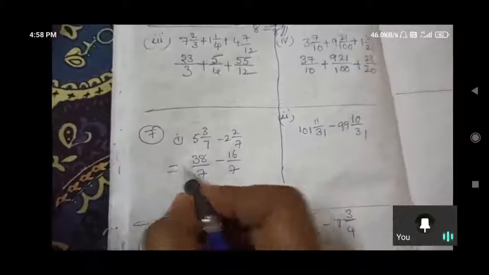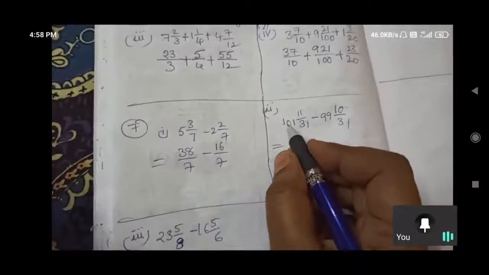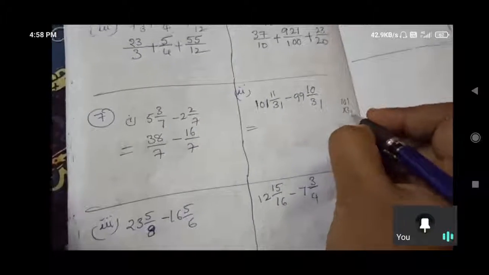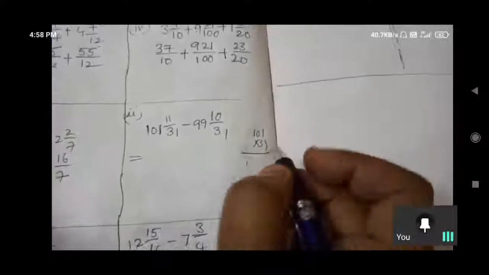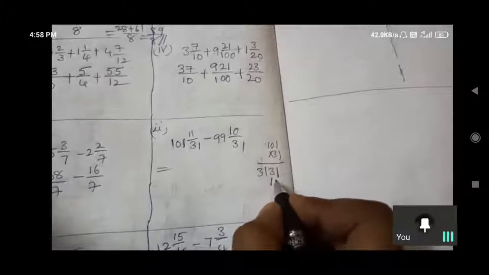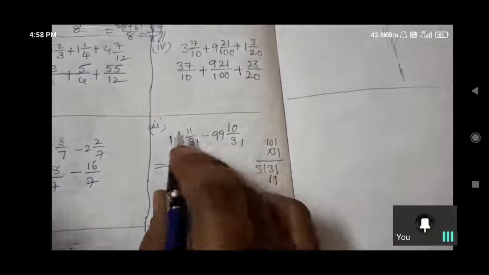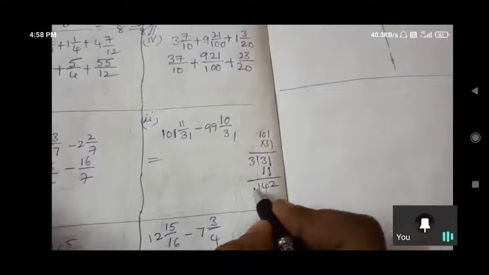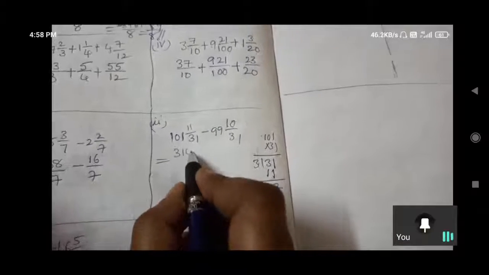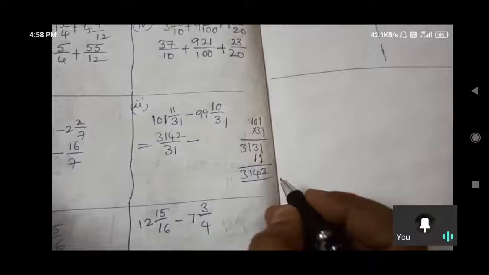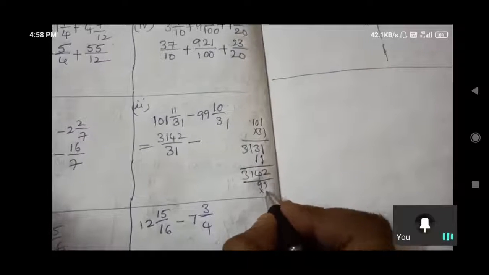So like that. Here also 13 into 101, 101 into 13. Here you should do it like this because of big numbers. We cannot say directly. So 31 ones are 31 and 31 ones are 31. So 3131 plus 11 also we should do. 3142 by 31 minus, with the same number. 99 into 31 we should do.